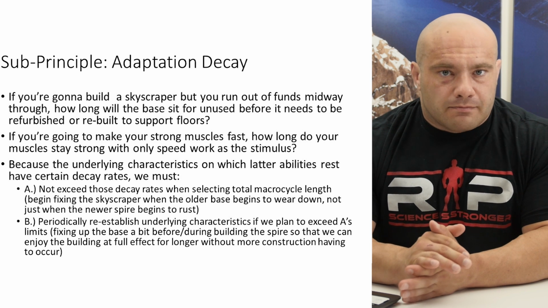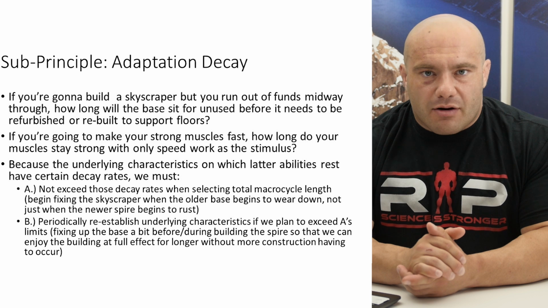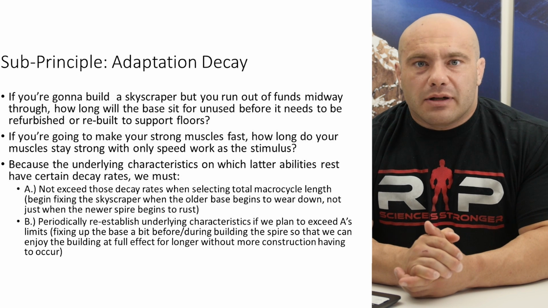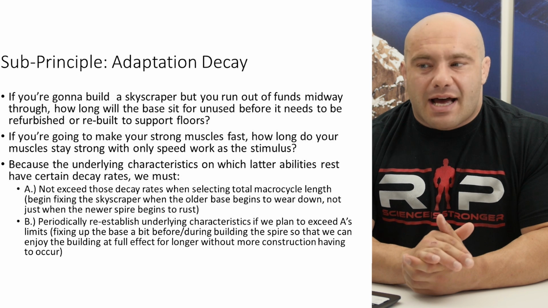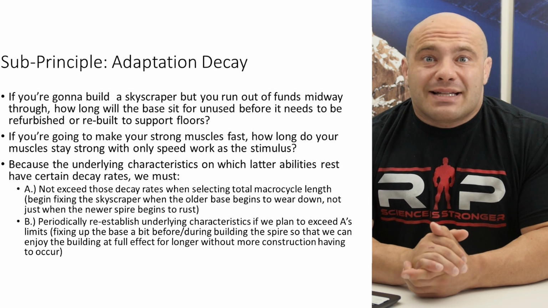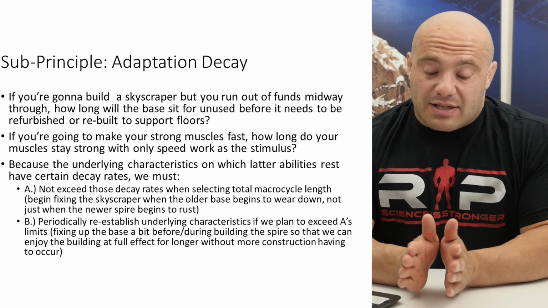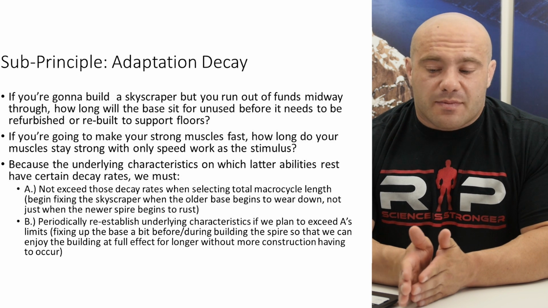There's another option. What we can do is periodically reestablish these underlying characteristics, go back and train them up a little bit, kind of like fixing up the base of the floors to give them a little bit more time to hang around if we plan to exceed the limits set in point A. So if we say, okay, we need to perform 6 months from now, everything we establish has to hang in there for 6 months.